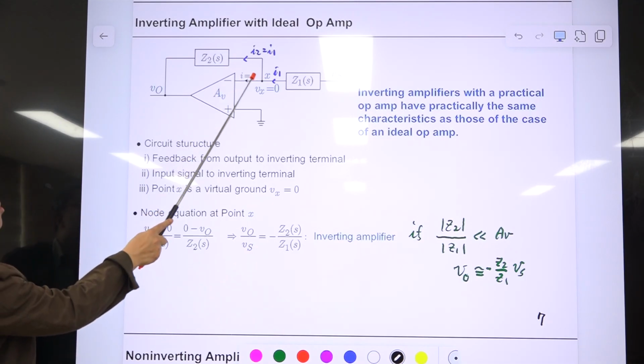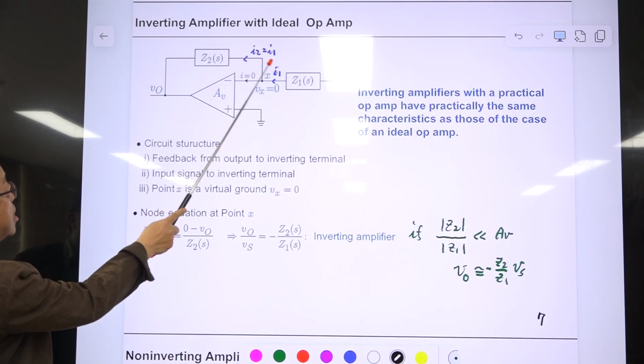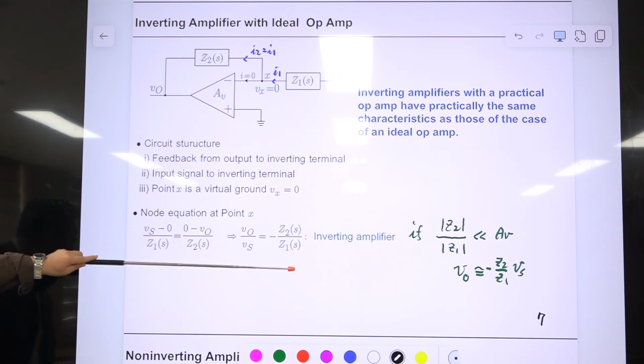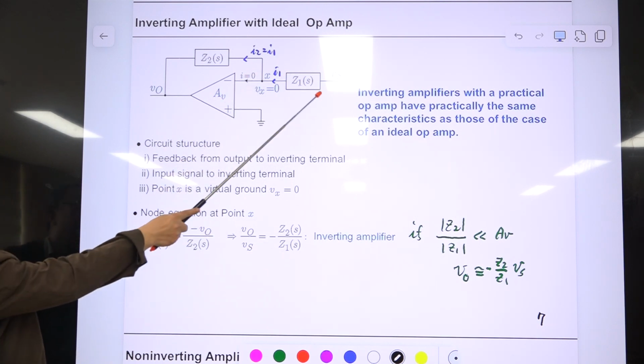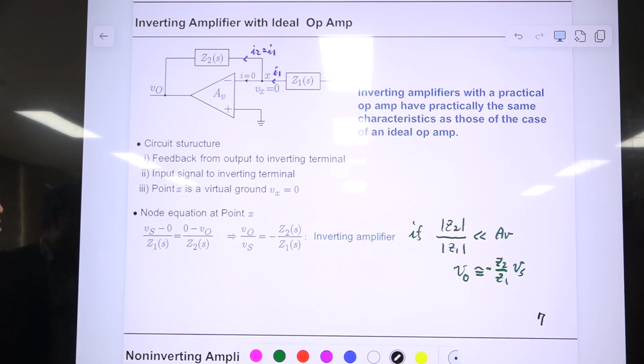Then I2 is the outgoing current from this point. I2 must be I1, so they should be the same. Rearranged like this, the gain from this input to output is minus G2S divided by G1S, the gain of the inverting amplifier.